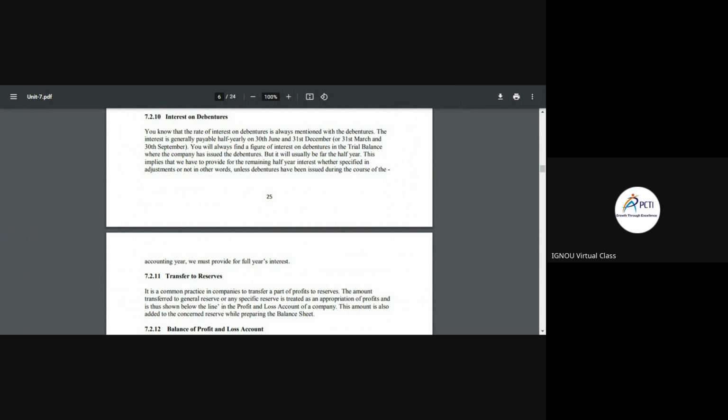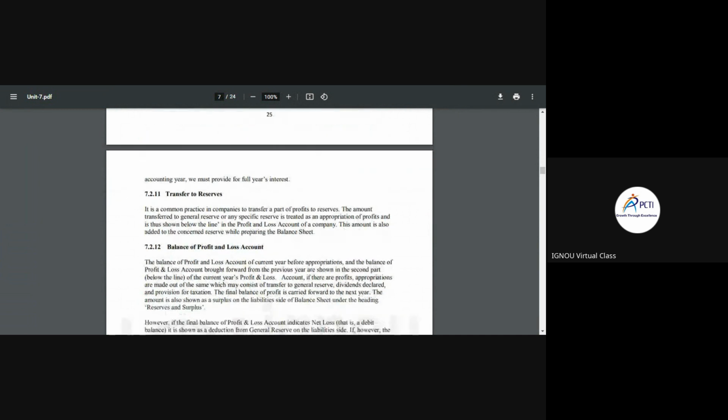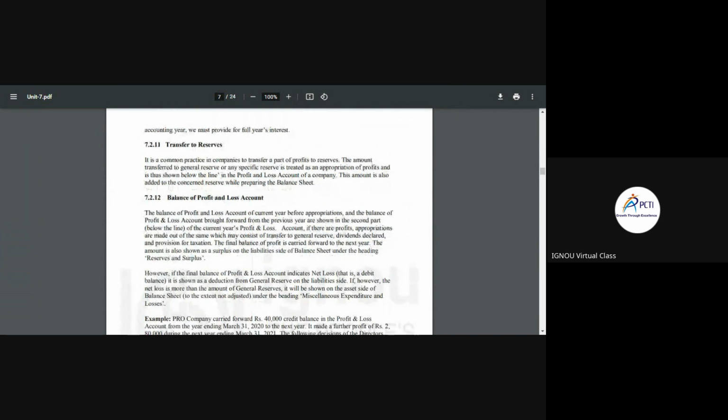That interest is given to the debenture holders until the debentures are redeemed. Interest on debentures also gives us a benefit at the time of taxation. We get a rebate in the income tax when we pay the income tax for the company.